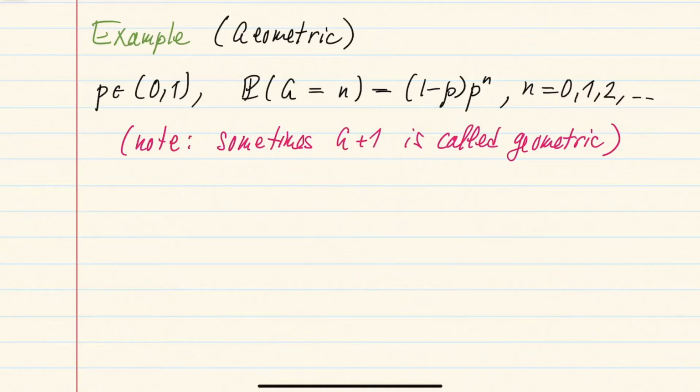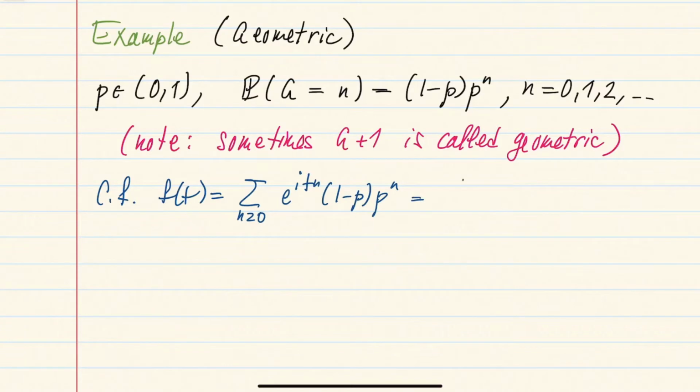And so to see that it is indeed infinitely divisible, let's take a look at its characteristic function. The characteristic function of this distribution, of course, will be just by definition a sum over all n of e to the itn times this probability, which is 1 minus p, and the rest is a geometric series where p is replaced by p e to the it.